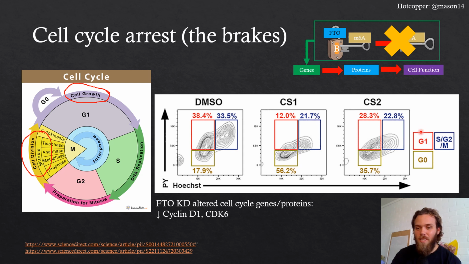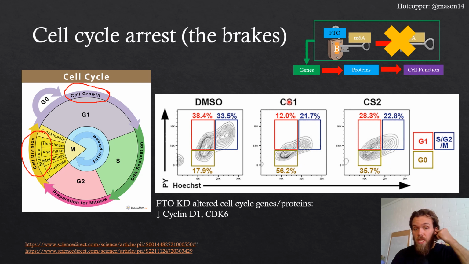So this red box here indicates G1, and we've got 3 G1 boxes here. So this is that cell growth phase. This blue box indicates these next 3 phases here. And that G0 phase, which is our resting phase, is over here. And this is the gold box.